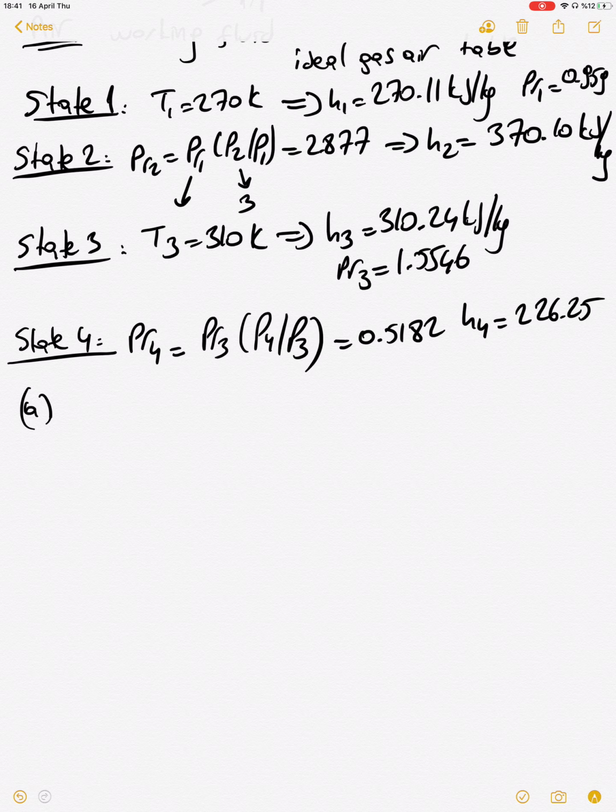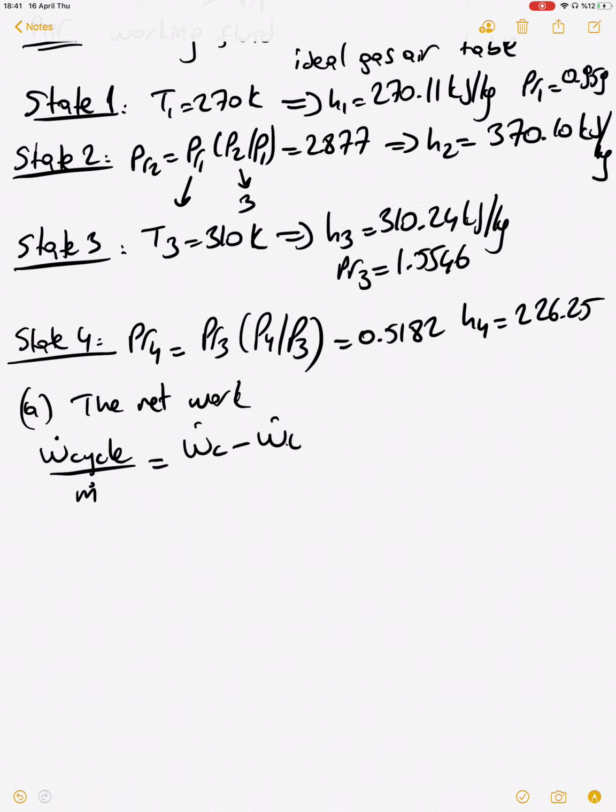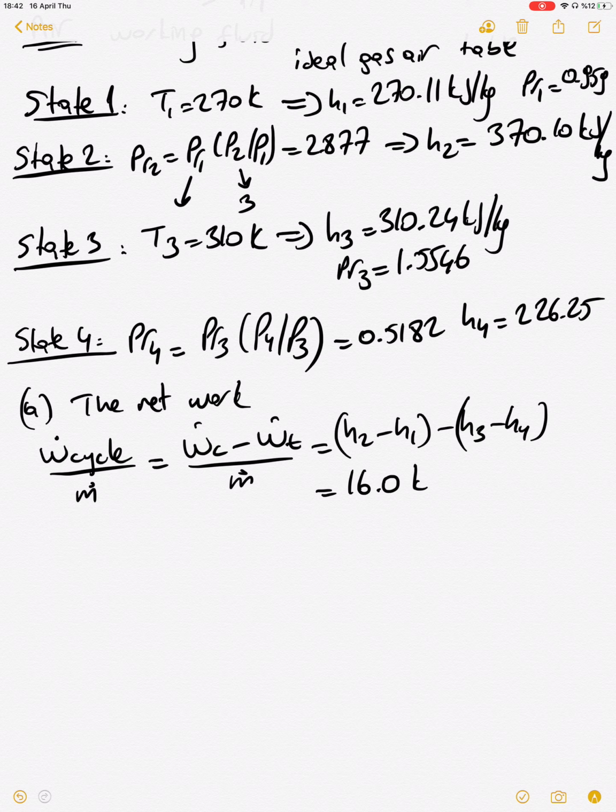So with this information, the net work, W dot cycle over m dot, is of course the compressor work minus the turbine work divided by the flow rate: h2 minus h1 minus (h3 minus h4), in terms of kilojoule per kilogram. With all the information, we get 16 kilojoule per kilogram. So this is W dot cycle over m dot.